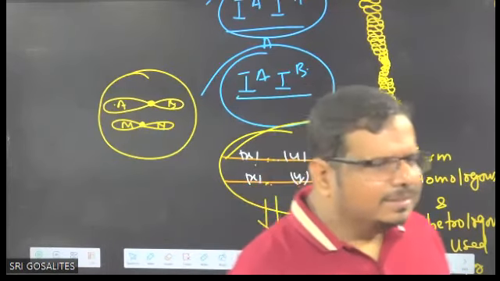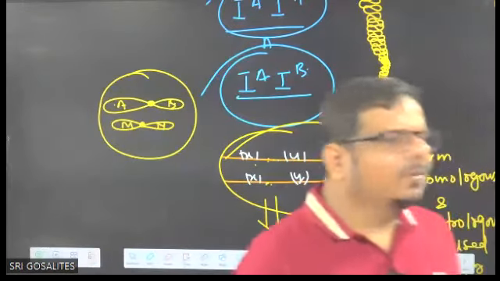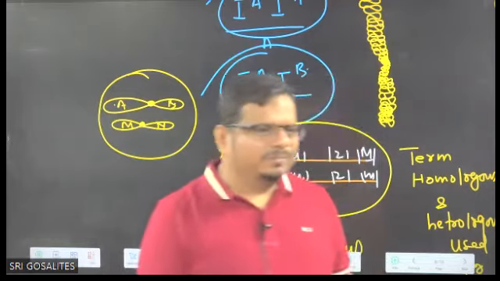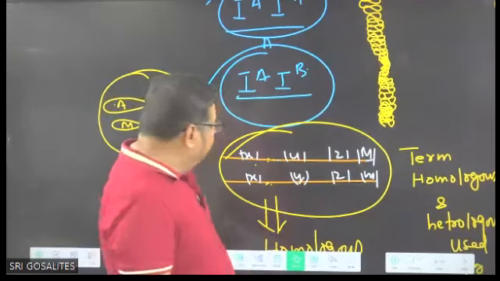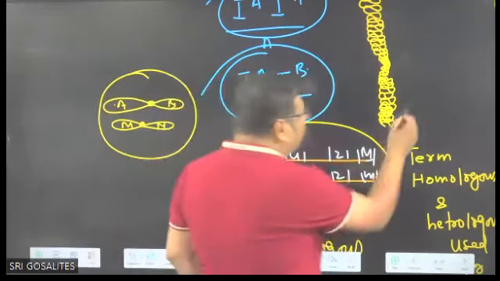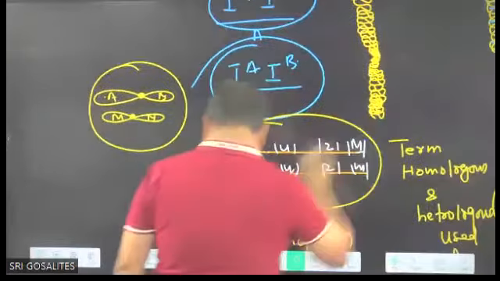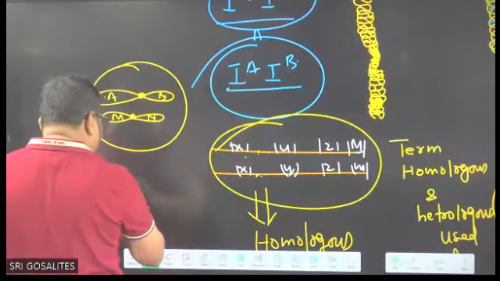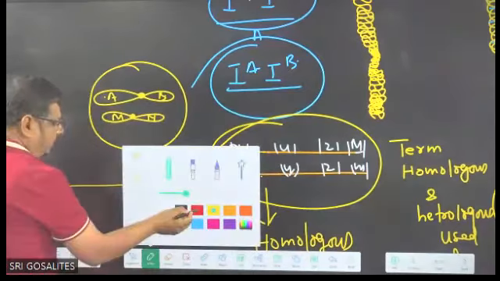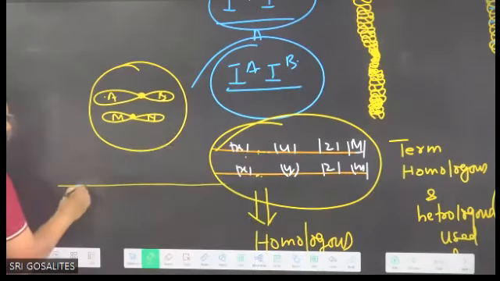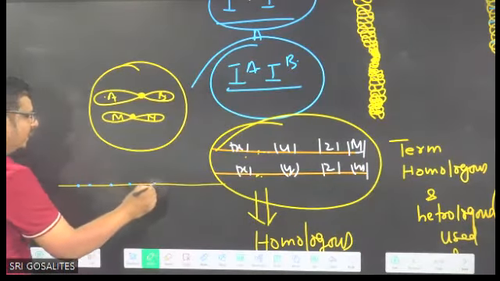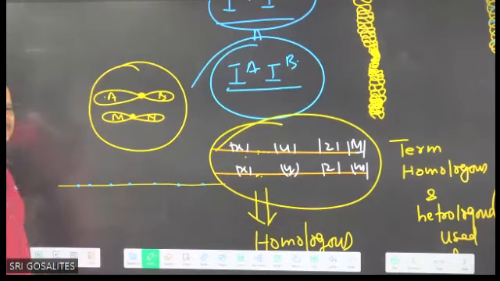gene is also present in chromosome. Of course, gene is present on chromosome. This line is a chromosome, an example, and I am telling you, these dots are what? Assume genes. You think like this.